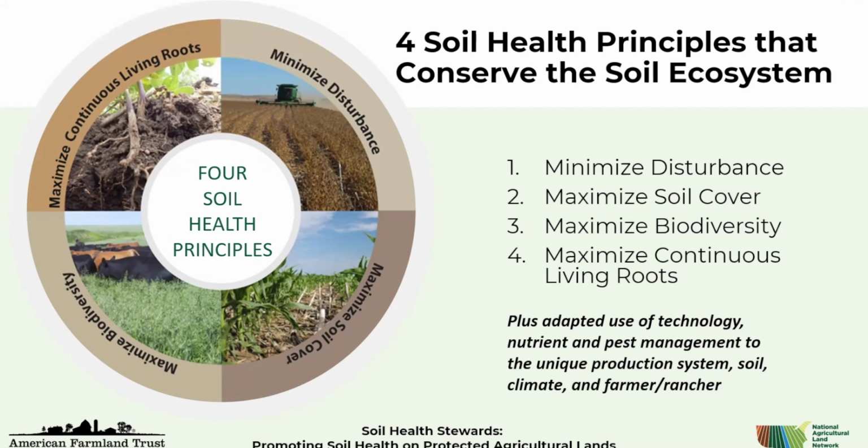And they're not the only thing, right? There's still nutrient management, there's still pest management, there's still appropriate use of technology. And we have to put all of that into context for any given production system.